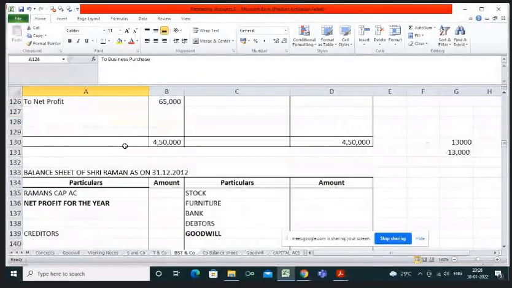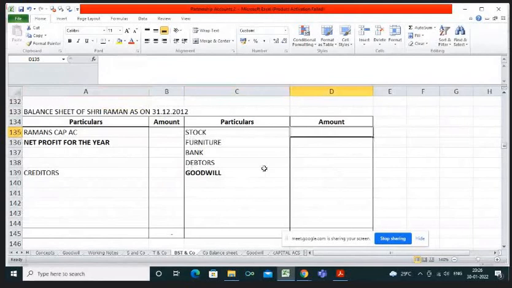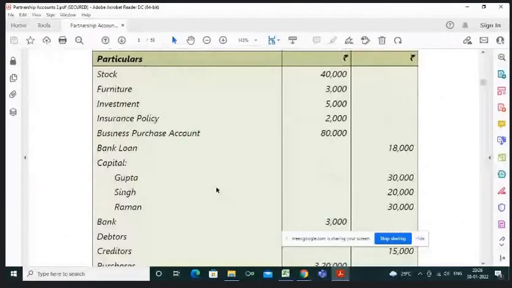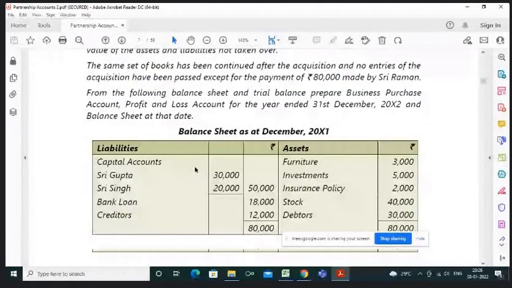In this balance sheet, I will show only the assets and liabilities which I have taken over. So what are they? I have taken over 3 assets: debtors, furniture, stock. So from the closing balance sheet also, I will take debtors, stock and furniture.